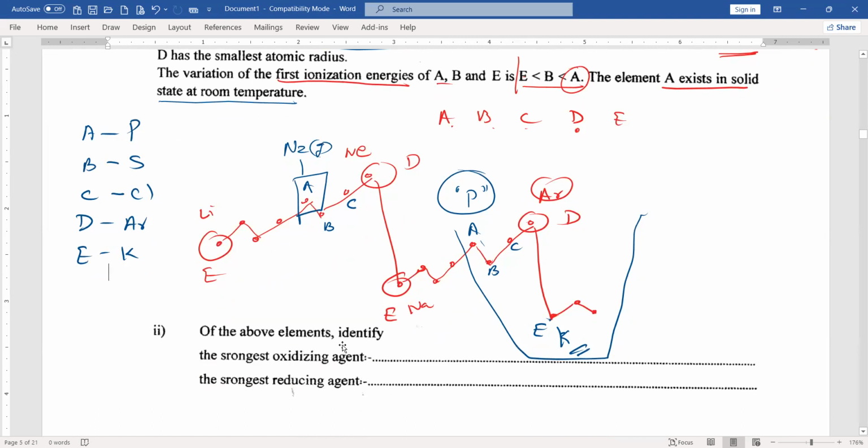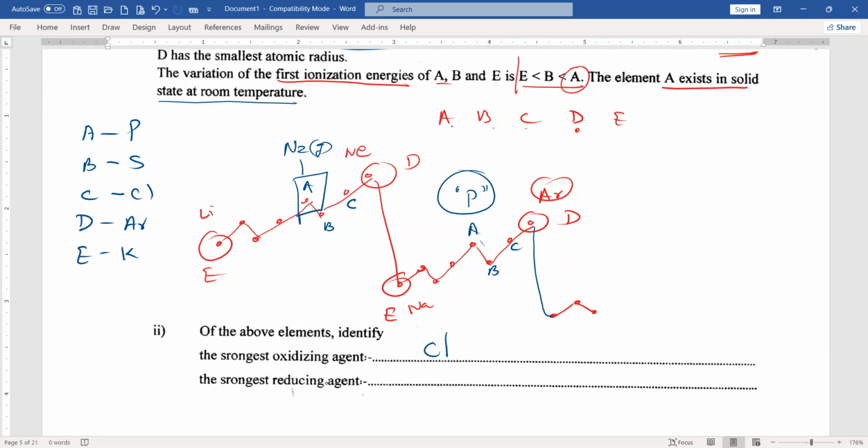Next, of the above elements, identify the strongest oxidizing agent and the strongest reducing agent. Oxidizing agent always reduces itself, so the one which likes to be reduced may be chlorine. So the strongest oxidizing agent is chlorine.